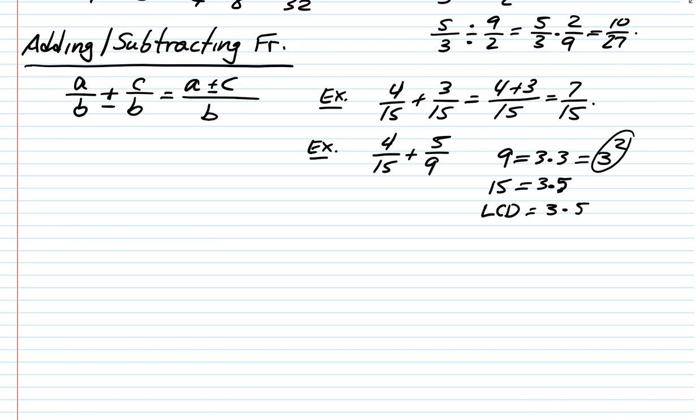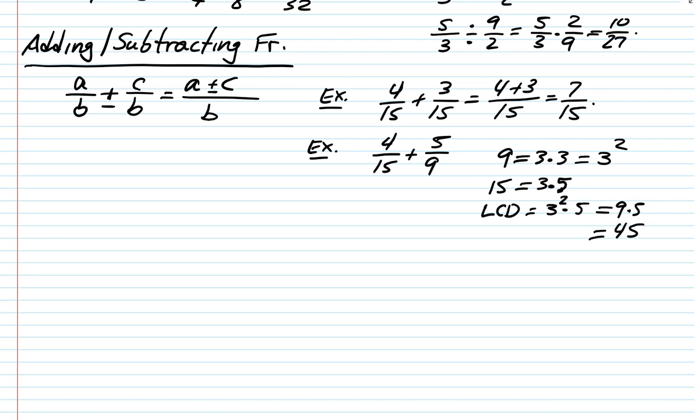So there are 2 factors of 3 up here versus 1 factor. So we're going to go with the greater multiplicity, the greater exponent, 3 squared. So in this case, the product is 9 times 5, and the LCD would be 45.